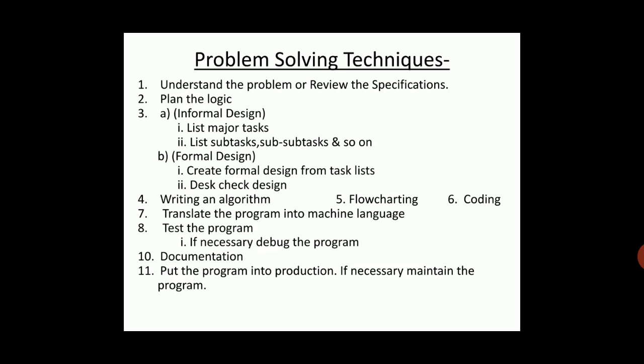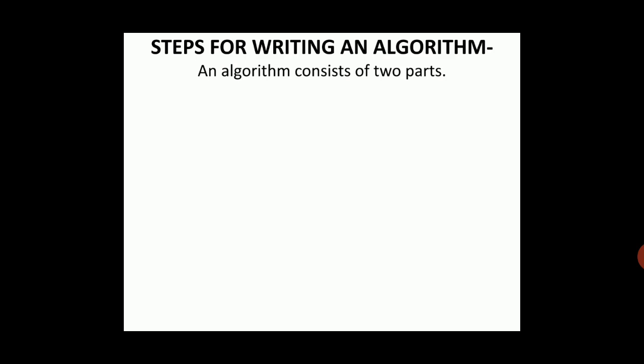That means if there is any problem in the program, we debug, that means we remove the problem. Then documentation, put the program into production, and it is necessary to maintain the program from time to time.